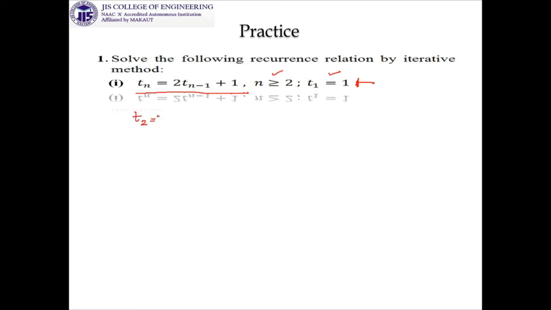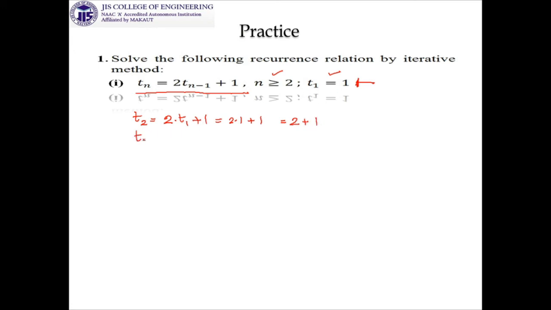So T2, what can we write? 2 into T2 minus 1, that is T1, plus 1. So we can write it as 2 into 1, because T1 is 1, then plus 1. We can write it as 3 also, but at this moment we are not writing it, because we are trying to find out the pattern for the following terms.